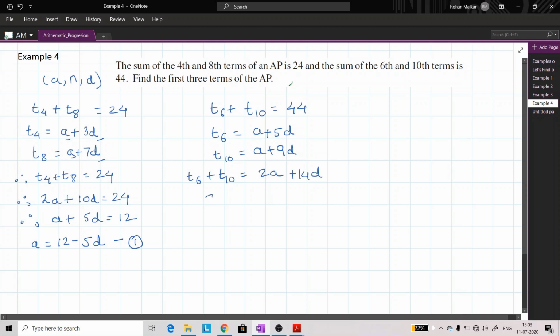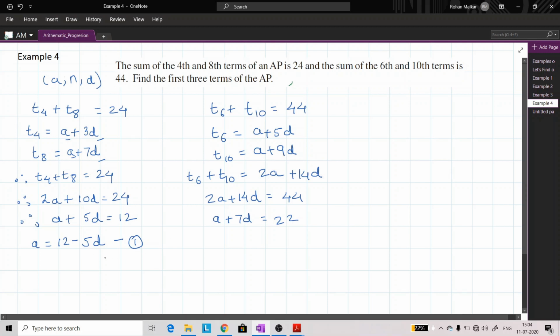And this equation 2A plus 14D will be equal to 44. Now again I will divide by 2 on both sides, and after simplification I get this equation, A plus 7D equal to 22.